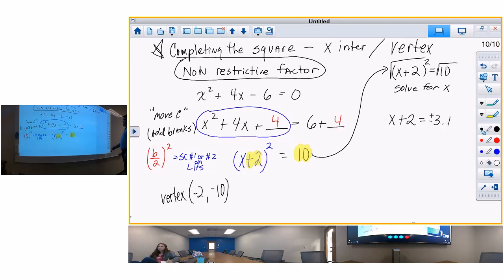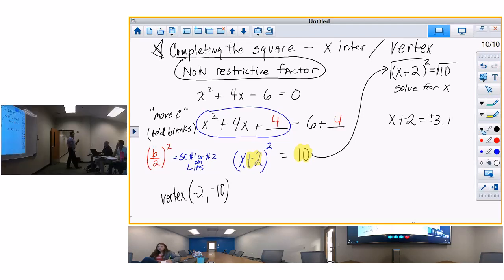It's a miracle. I'm Rain Man. How did I get 3.1? Somebody enlighten me how I got 3.1 just like that. Because the square root of 9 is 3, Hubert. That's right, exactly. The square root of 9 is 3, so what would the square root of 10 be? 3.1. Is it exact?